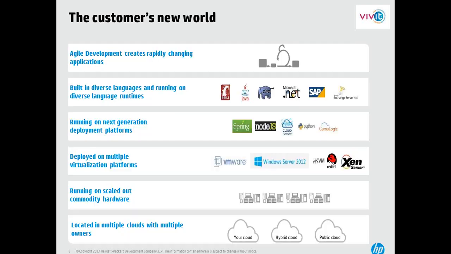Let's see what's happening in the data centers for yourself and the larger enterprises today. In this new world of mobility and cloud, the agile development methodology is rapidly taking root, and as a result the applications are built on a whole set of new diverse languages running on different runtimes for the data centers.